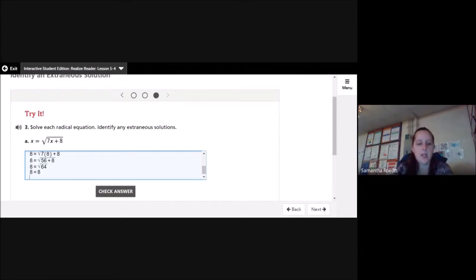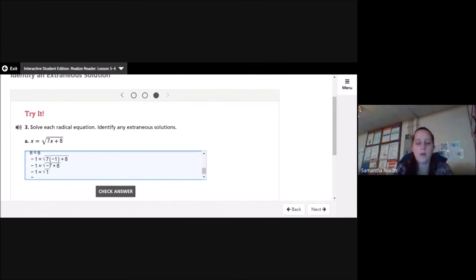I'm going to substitute in -1. So -1 equals the square root of 7 times -1 plus 8. So -1 equals the square root of -7 plus 8. -1 equals the square root of 1.